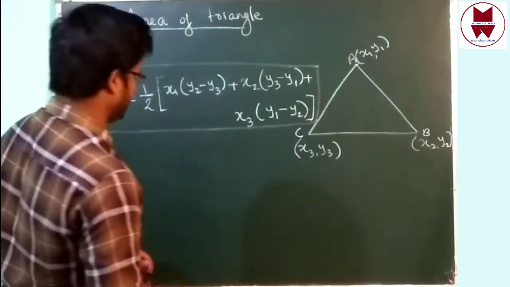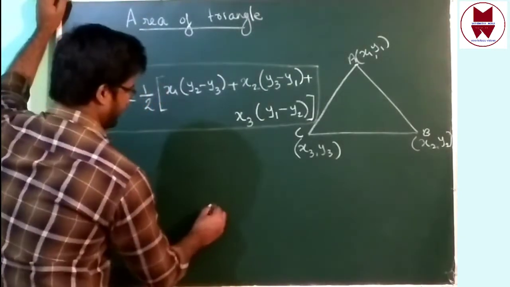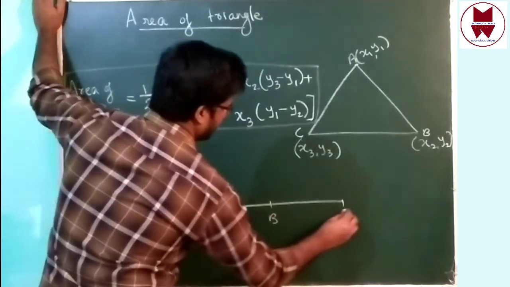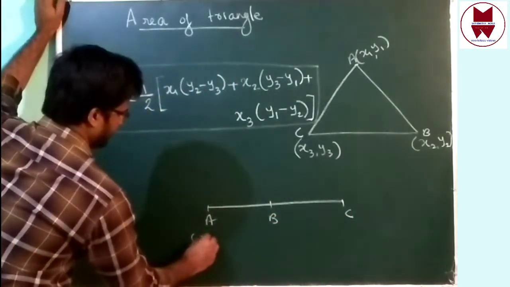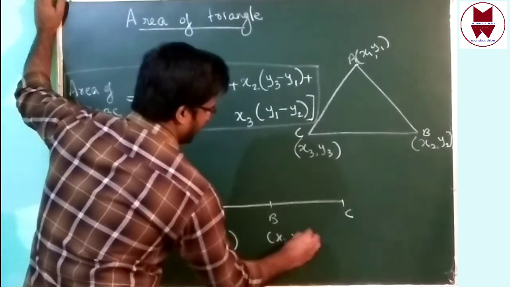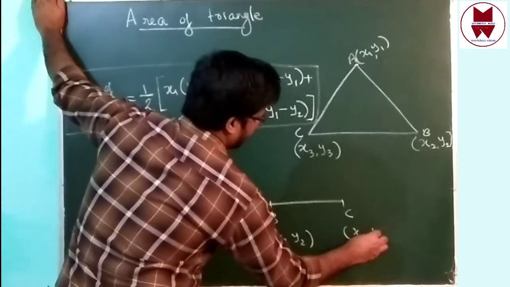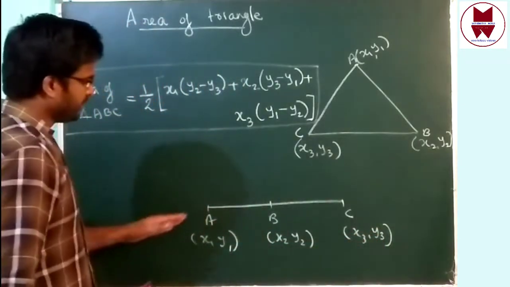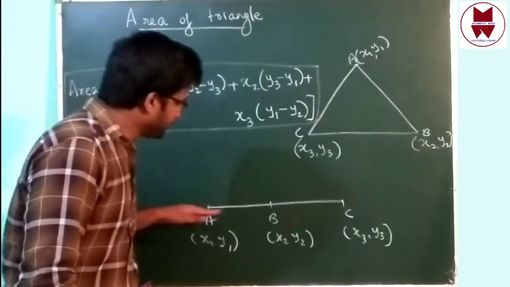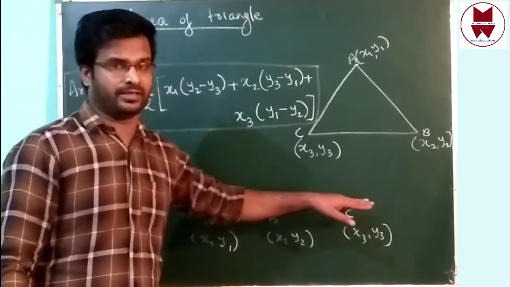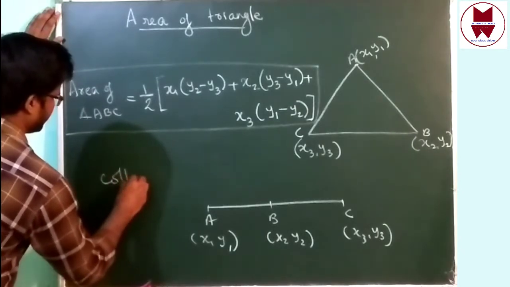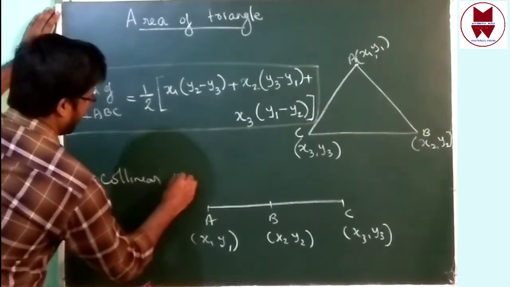Now in case they are given 3 points A, B, C, where A means x1, y1, then x2, y2, then x3, y3, and these 3 points are known as collinear points. Why? Because these 3 points lie on a straight line only.